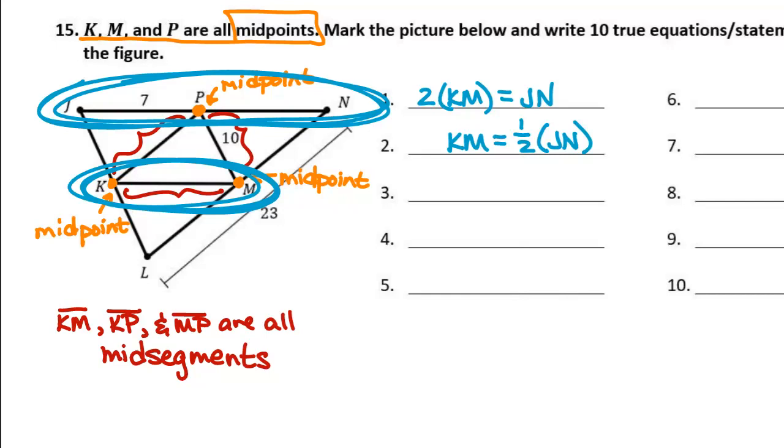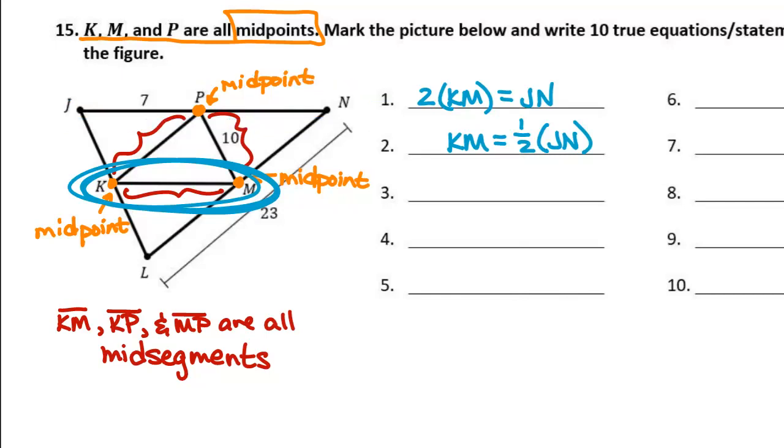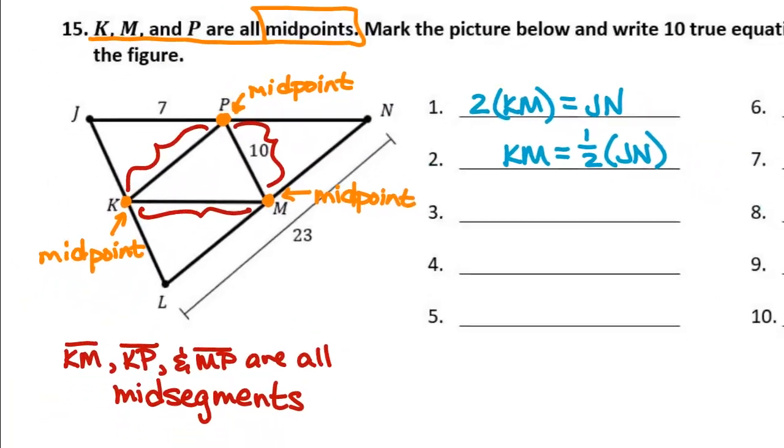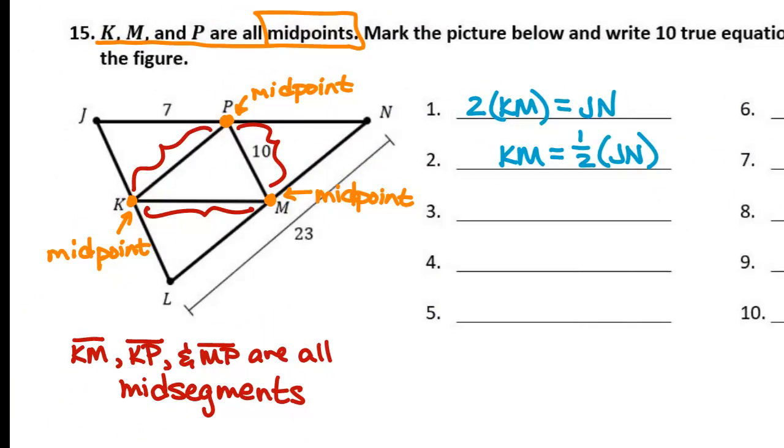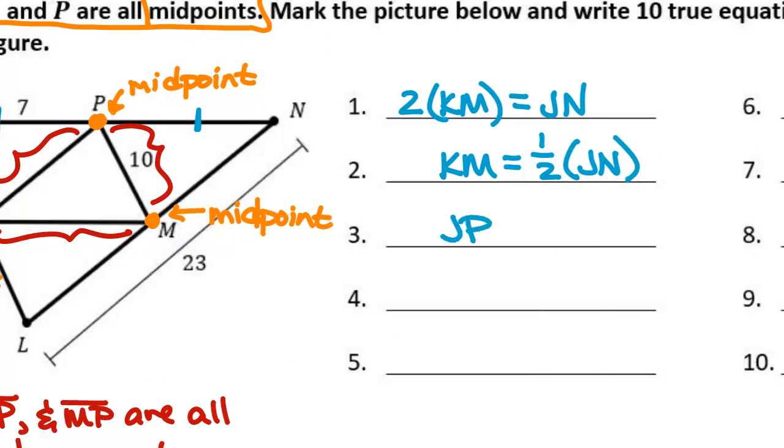How big is JN? 14. How did you get that? They're congruent, so that's another thing I can write down. Because P is a midpoint, JP is congruent to PN.